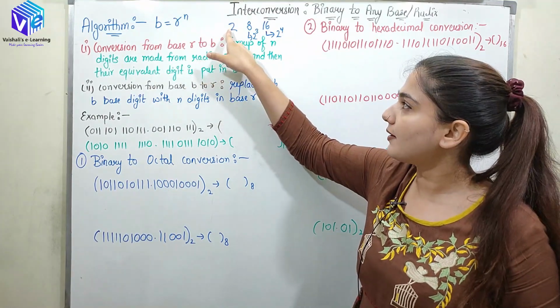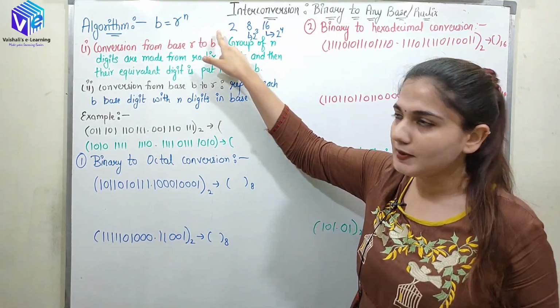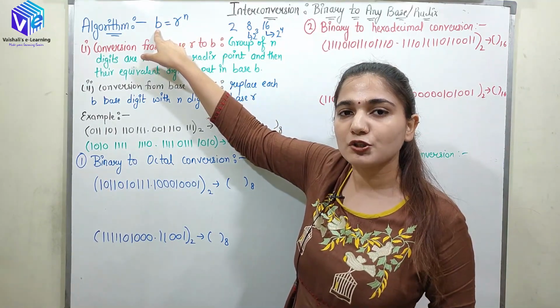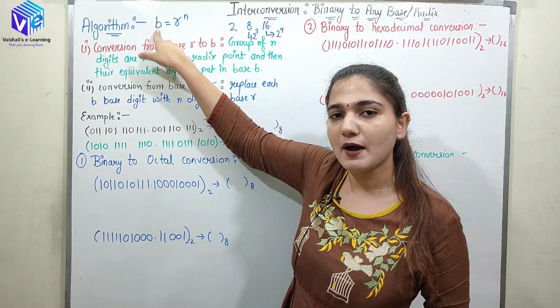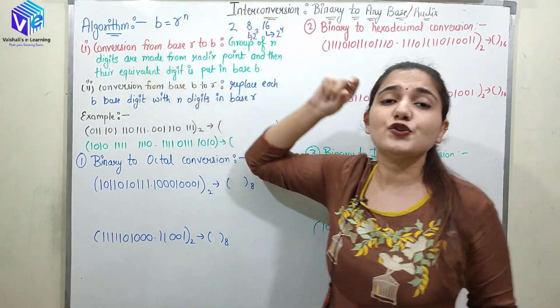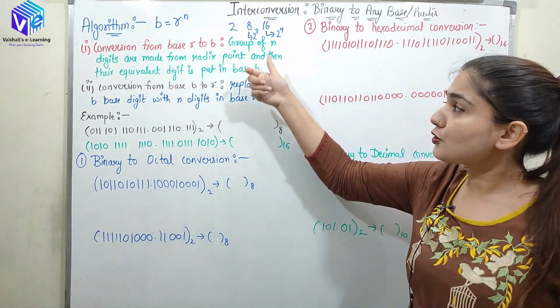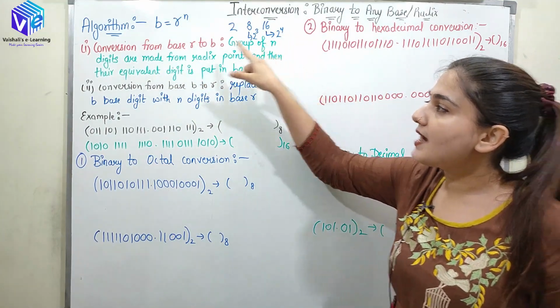We have the base 2 number, the binary number. We are going to convert it into B, which is 2 raised to power 3 for octal and 2 raised to power 4 for hexadecimal. When we convert from R to B, we group n digits.